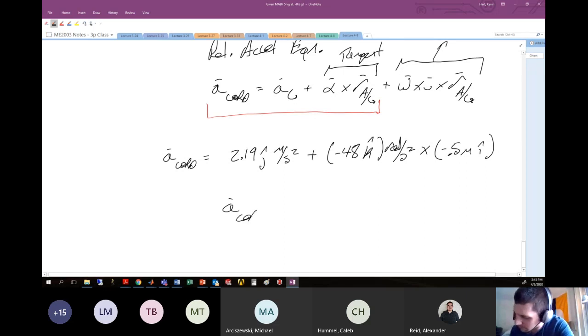So finally, the acceleration of my chord is the acceleration of this disk, because I'm pulling the chord upward, plus whatever acceleration is associated with that rope sort of unwinding from the disk, right? So when you actually execute this equation, you're going to end up with an acceleration of the chord that looks something like 26.2 j hat meters per second squared.